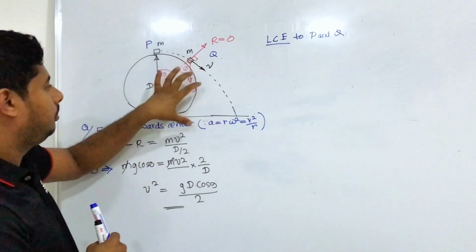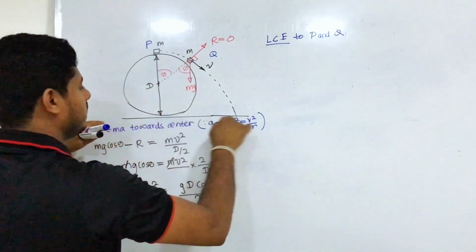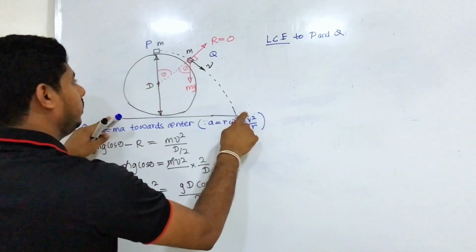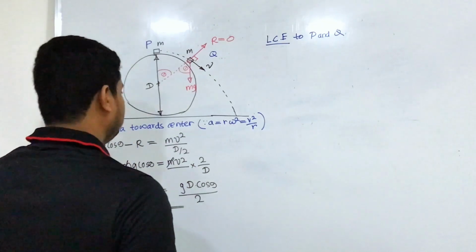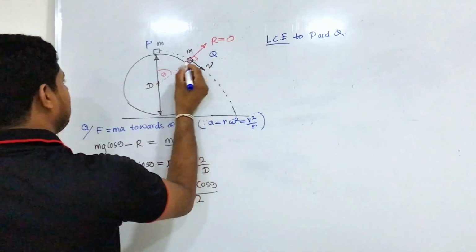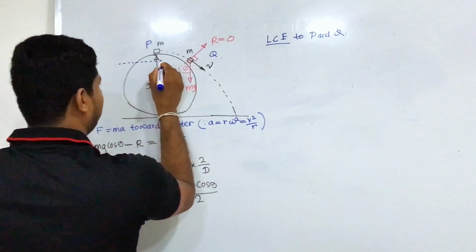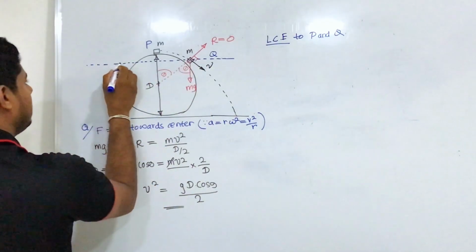Here it has both potential energy and kinetic energy. If you take this as your E0 level, it is difficult because you have two kinds of energies here. So the trick is, you can take your E0 level from this height. So we will say this is our datum, or the E0 level, the potential energy 0 level.